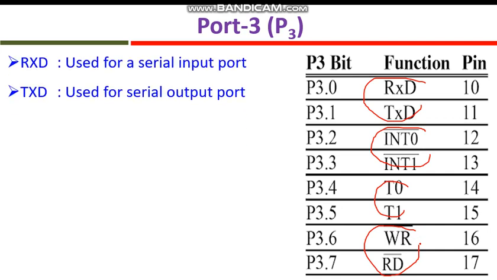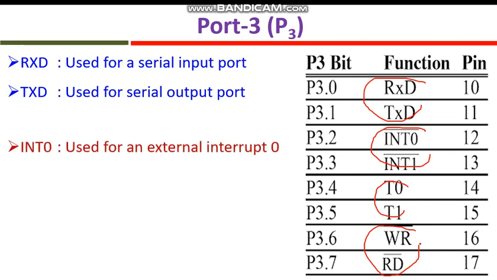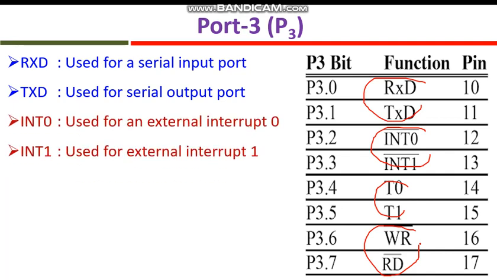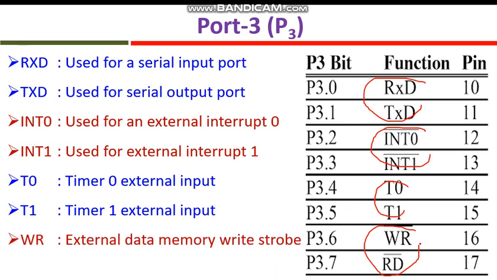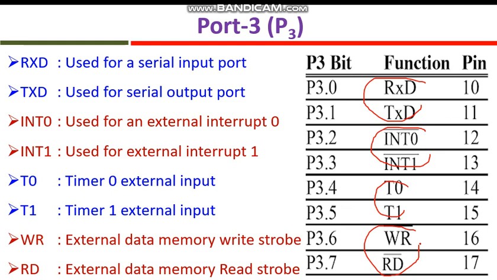So RXD for serial input, or TXD for serial output, INT0, INT1 are external interrupt 0 and 1, T0 is timer 0, T1 is timer 1, WR is external data memory write, and RD is external data memory read strobe.